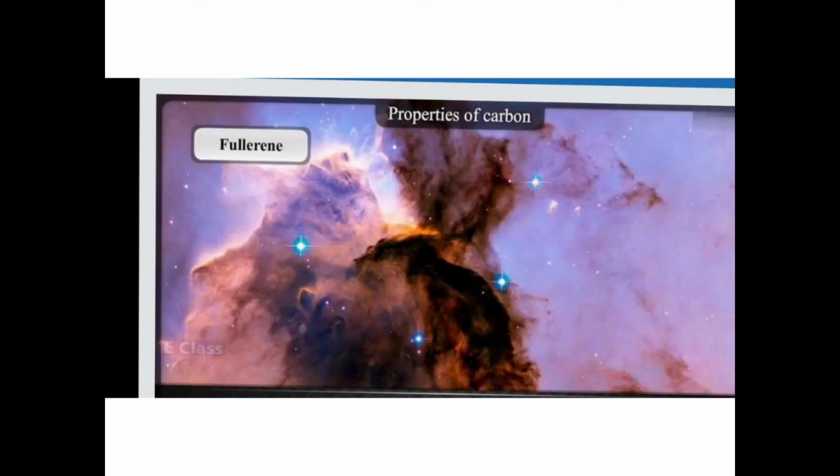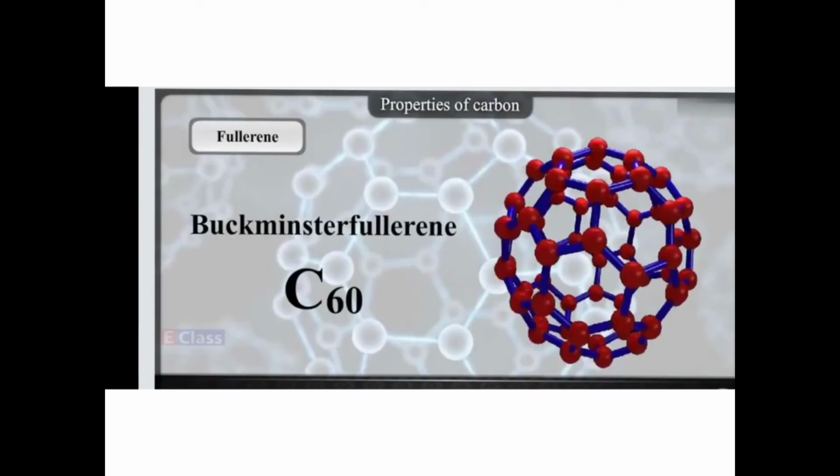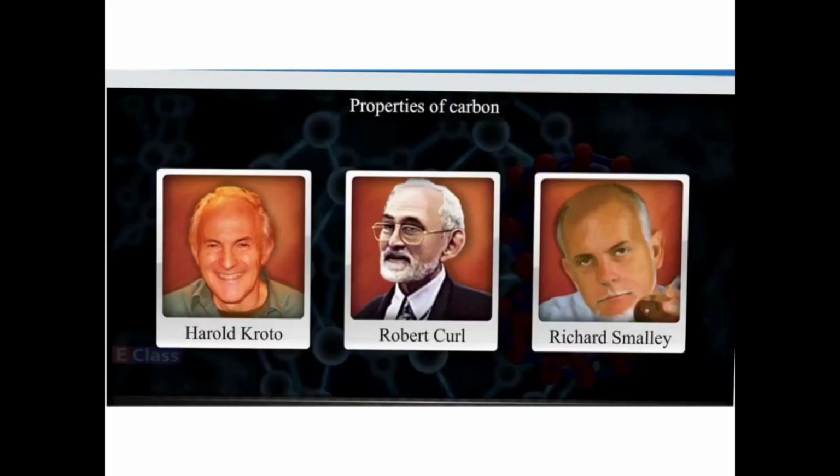Now, as it is very rarely found in nature, the first example of fullerene is buckminsterfullerene, that is C60. Now, this allotrope of carbon is named fullerene after the architect Richard Buckminster.